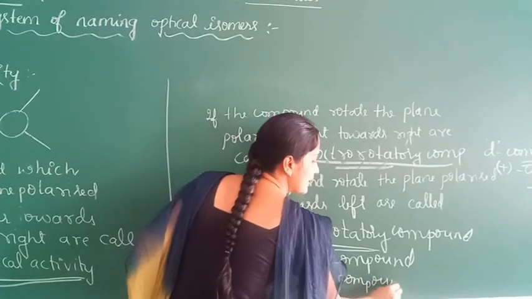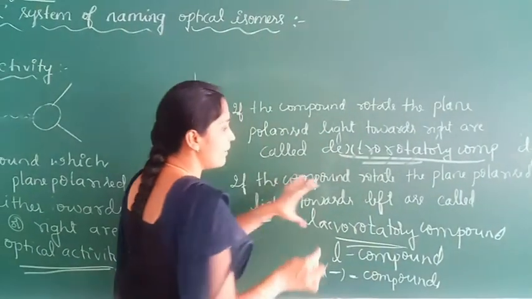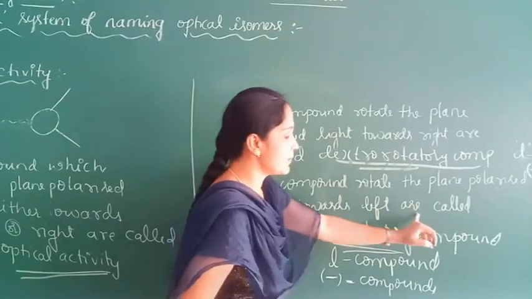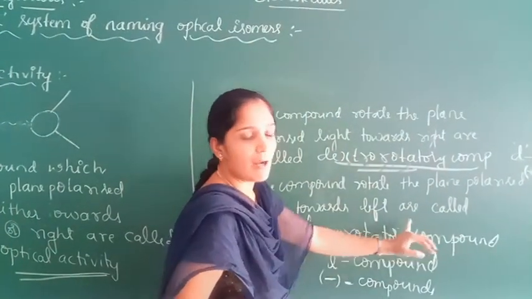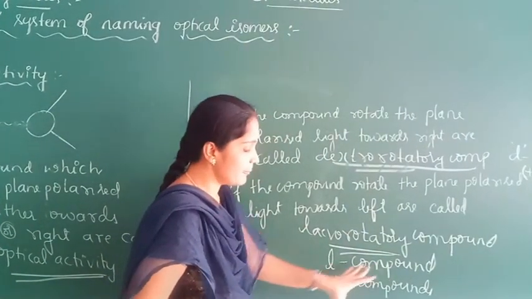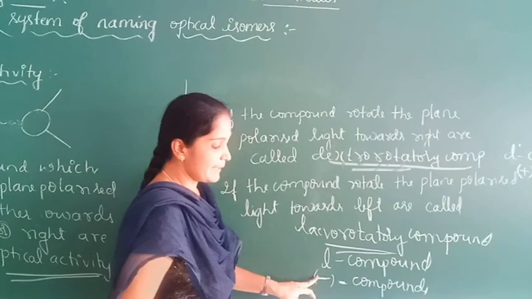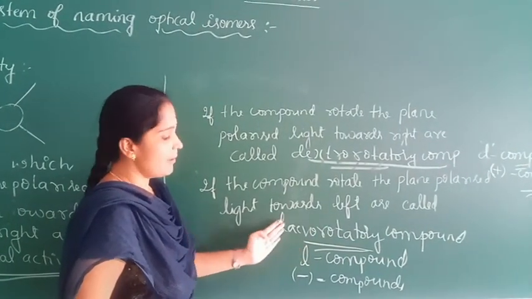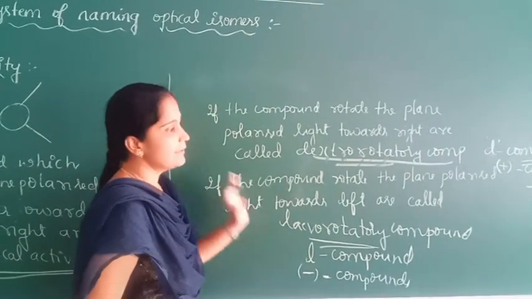The compound that rotates the plane polarized light towards left is called a levorotatory compound. It can be denoted as small l compound or minus sign. Here the minus sign indicates the optical rotation of the compound towards the left side.